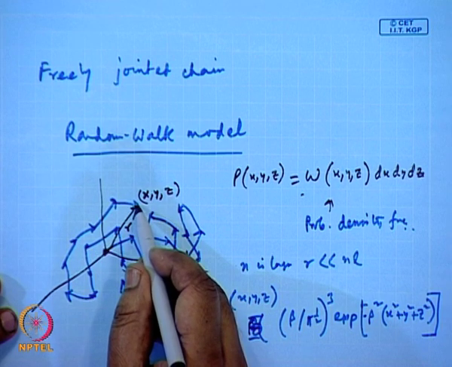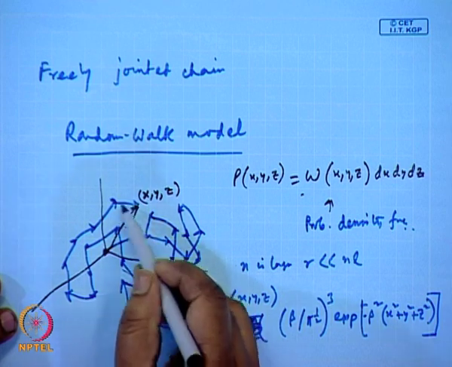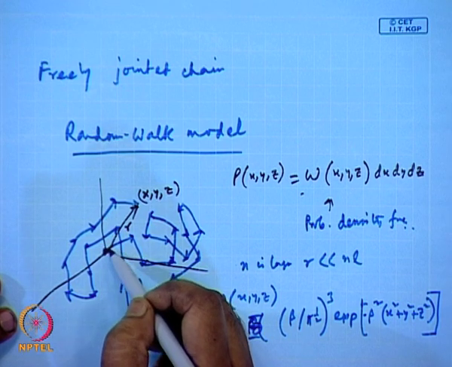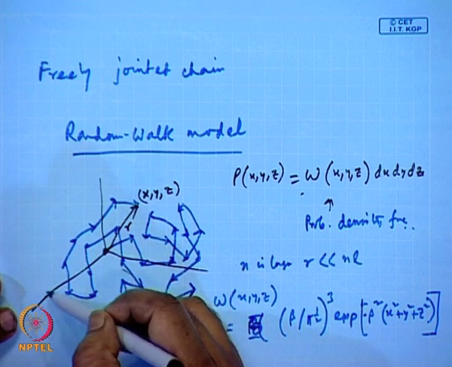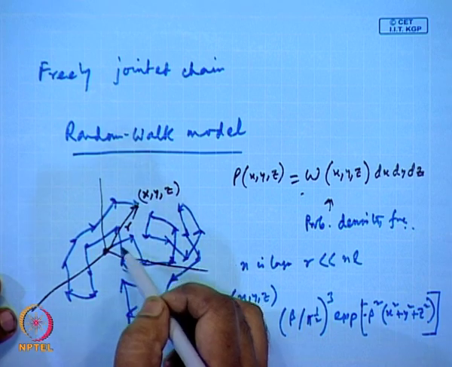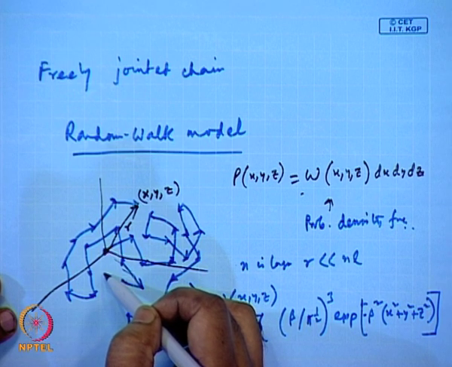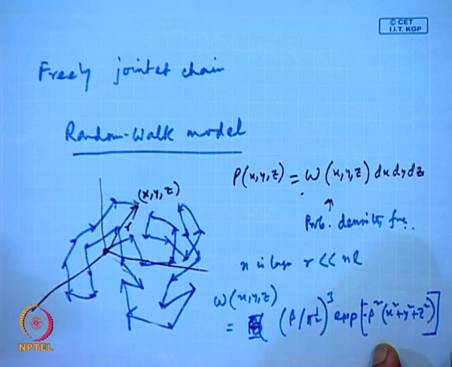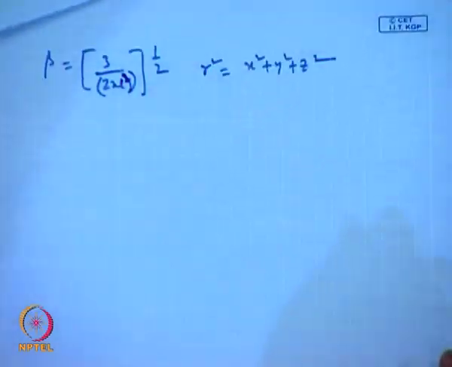So, you cannot only consider a unit volume, you have to consider the volume element at distance r. You are considering the entire volume element which has distance r from the origin, where you find the probability of finding the other chain end, and that can be written as.